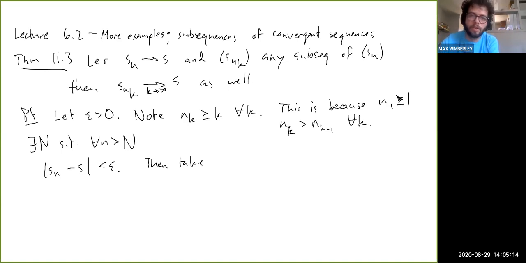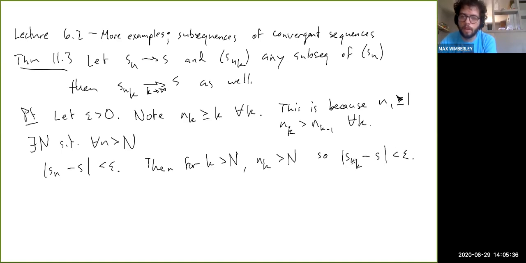So this is what they say. Then for k bigger than capital N, we have nk is bigger than capital N, right? Because nk is greater than or equal to k. So snk minus s is less than epsilon as well, okay?